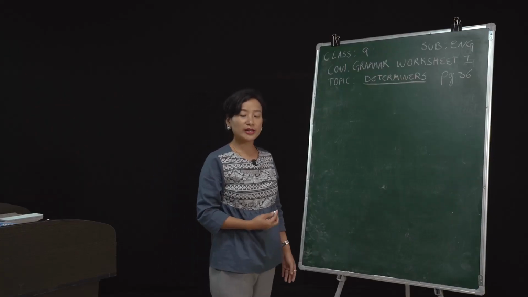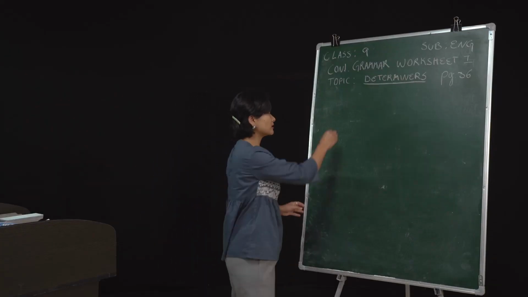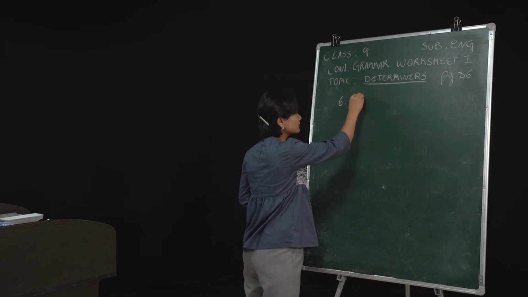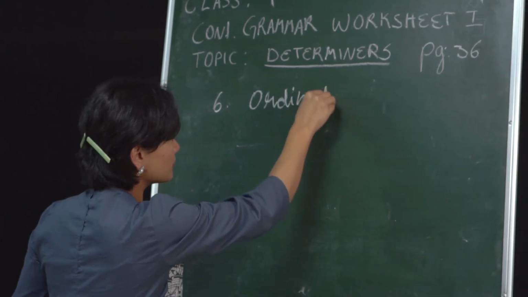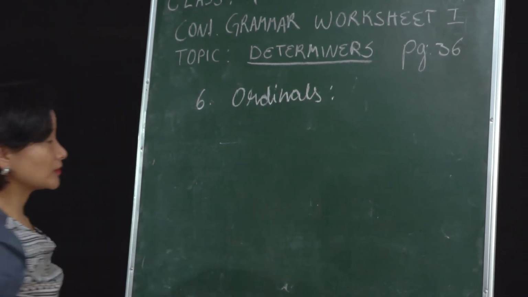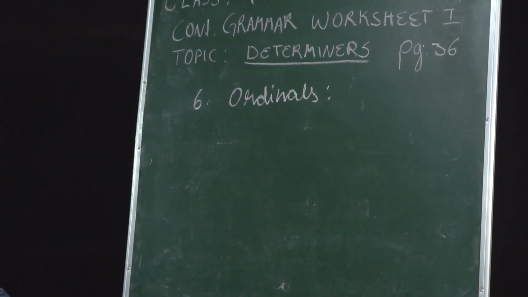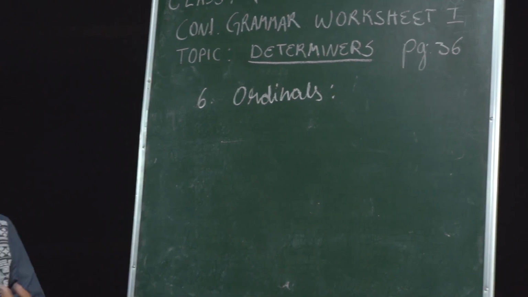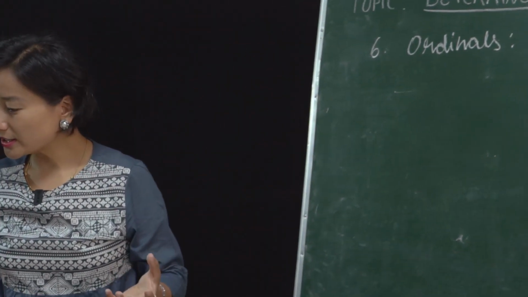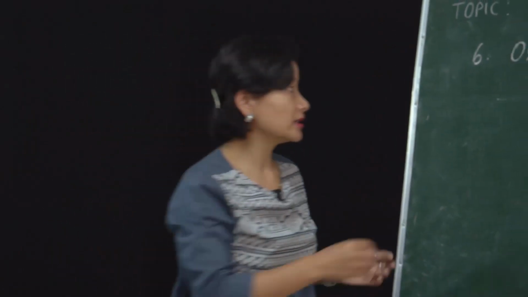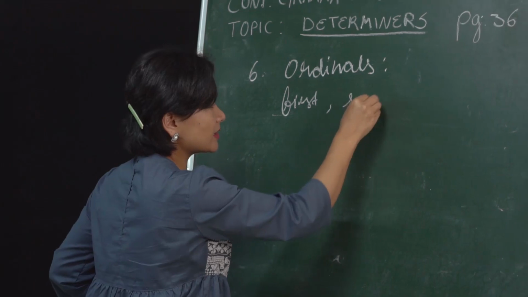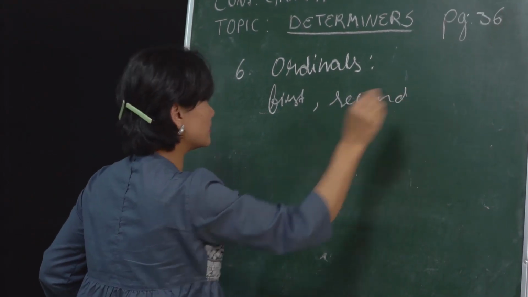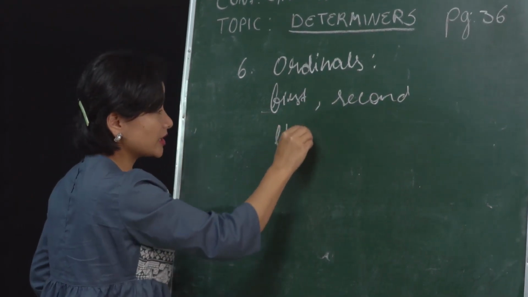Now, the next point that we have is ordinals. Ordinal here is different from that of your mathematics lesson, all right? Ordinals, some examples are first, second, let's just go with 30th here.